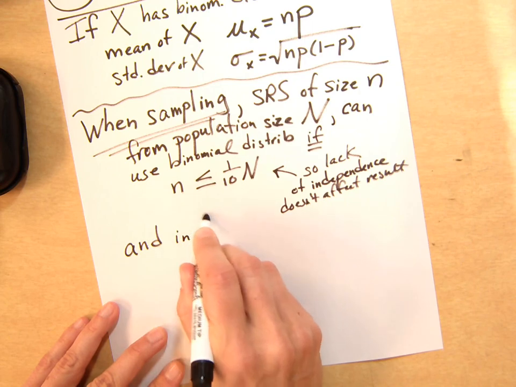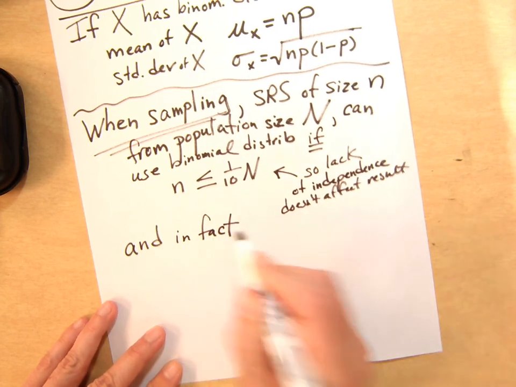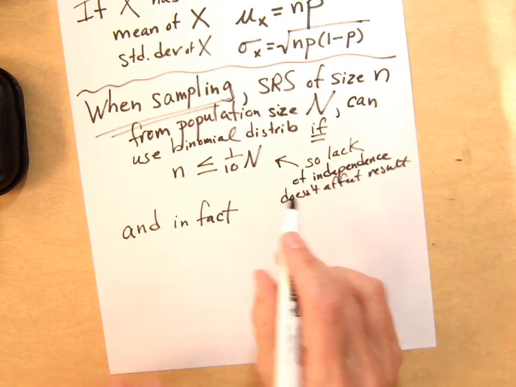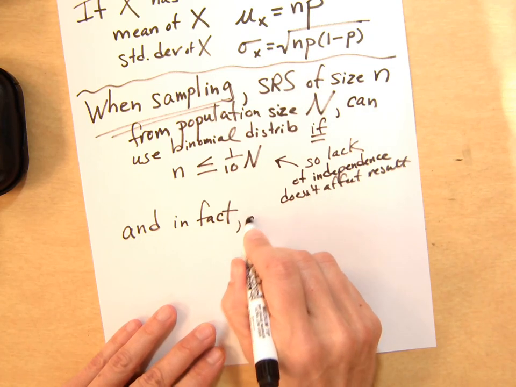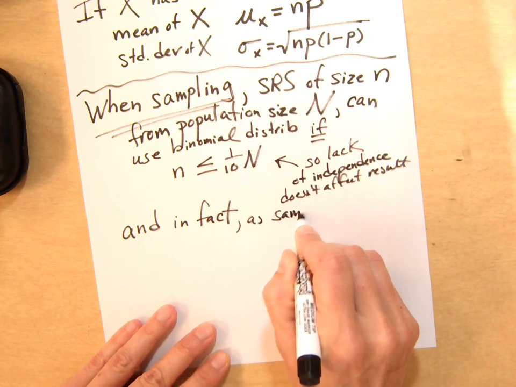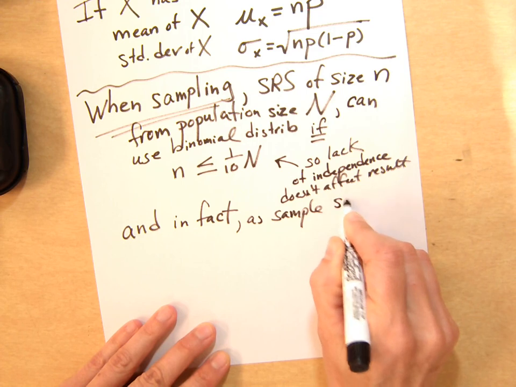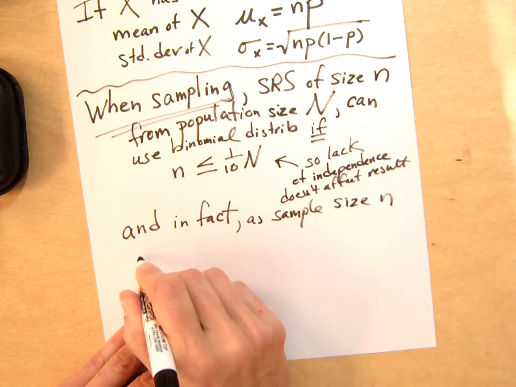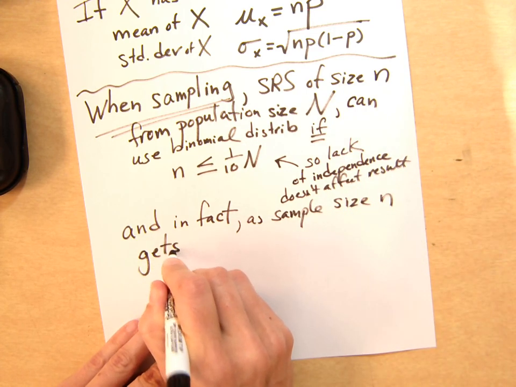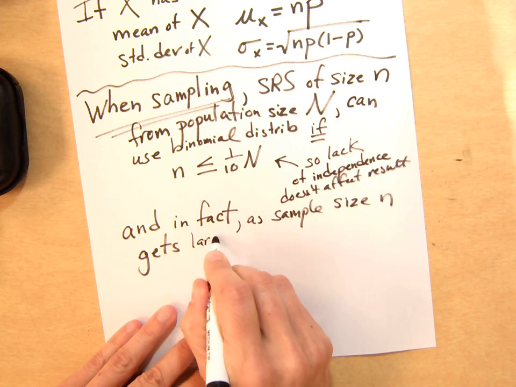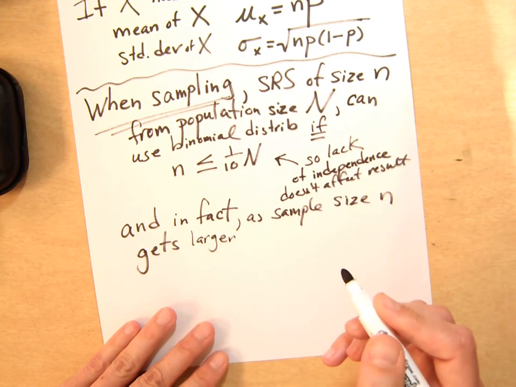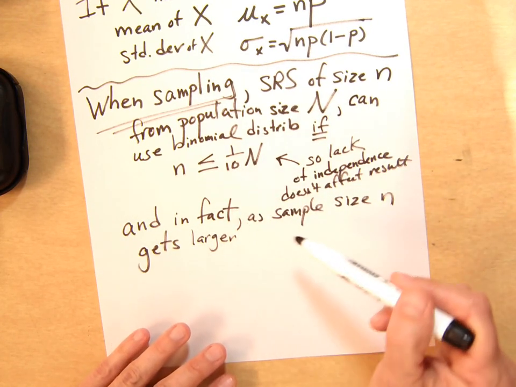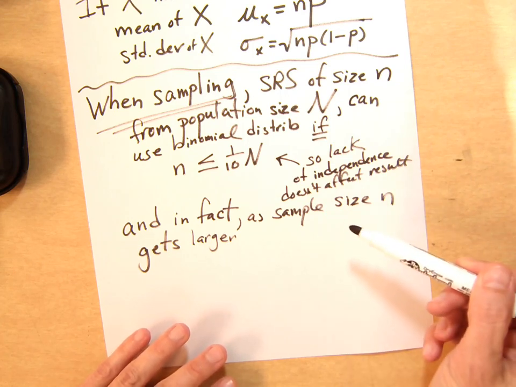And in fact, this is another thing about n. As the sample size n gets larger, and I'll show you a video of this happening, there's something else we can do. In some sense we don't want it too big, and in some sense we want it to be larger.